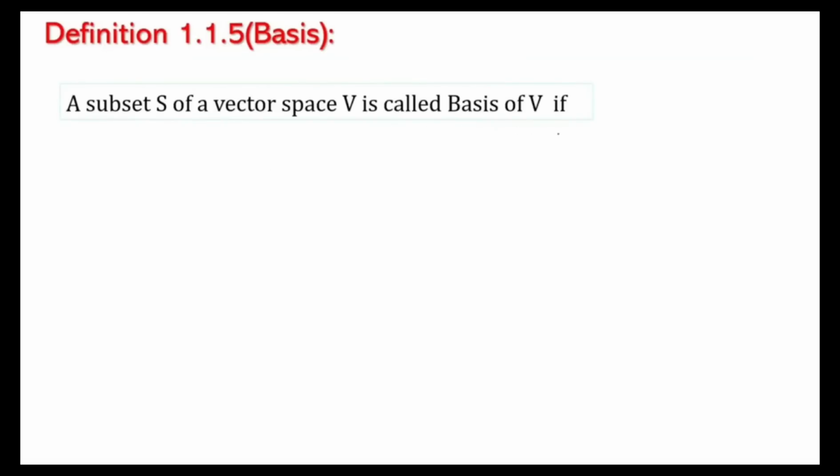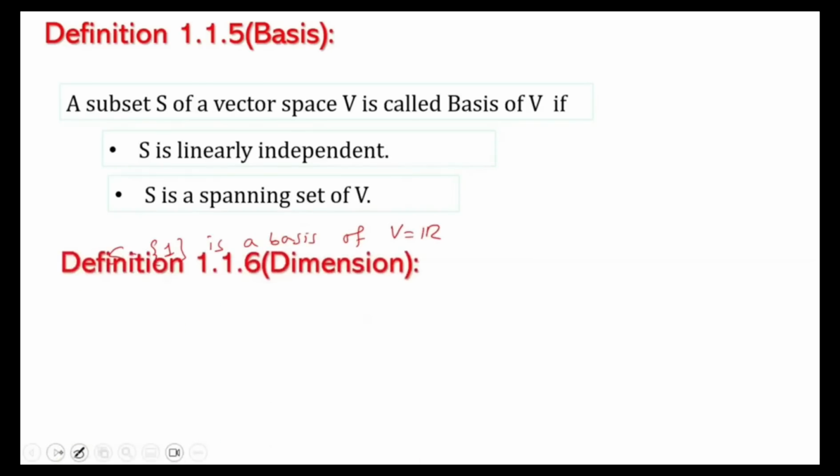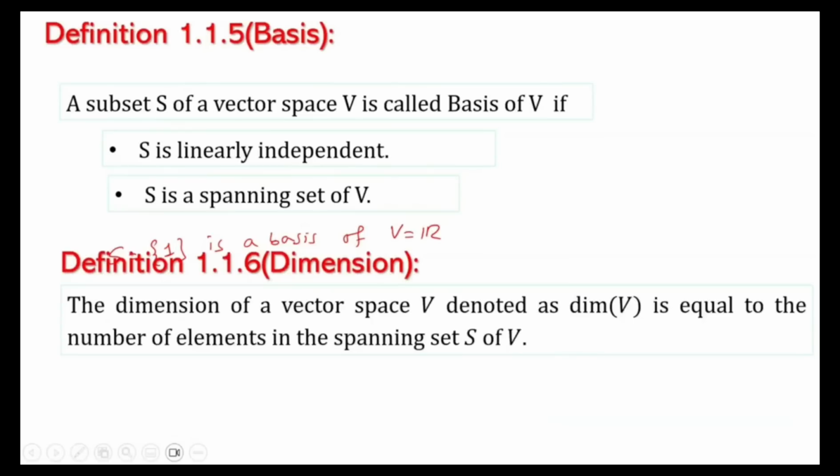A subset S of a vector space V is called a basis of V if S is linearly independent and S is a spanning set of V. Therefore S equal {1} is a basis of V equal R. The number of elements in a basis is known as the dimension of V. Since S equal {1} is a basis of V equal R, as we discussed just above, the dimension of R is equal to 1.